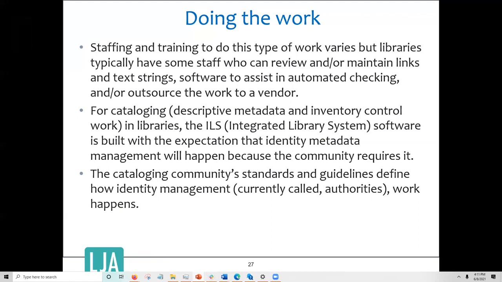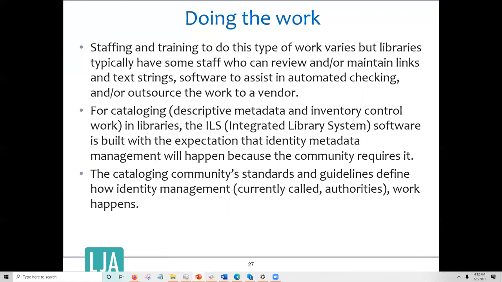And then of course we have the ILS, the integrated library system. So that's the software. When we are ordering or getting a book, and we're getting that record coming to us, the software we are using is built with the expectation that identity metadata management will happen. As a whole, and this may be at a larger level, not our library, we may not care about this, but as a community, we care about it, and our standards require it.